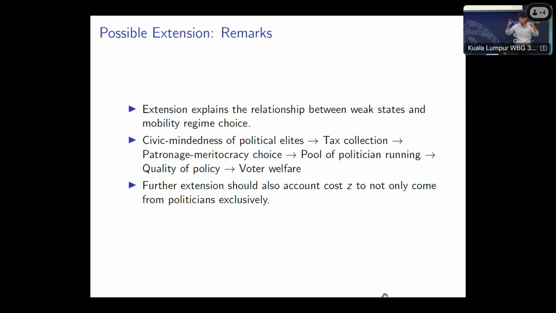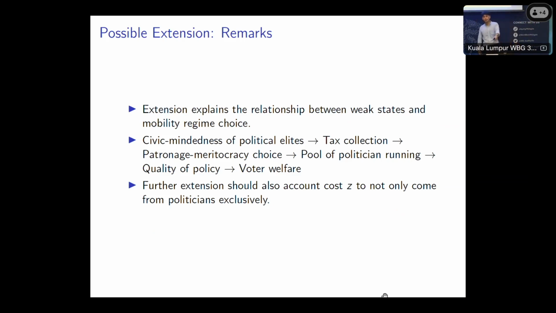Whereas if there's a lot of people who are very good politicians, you know they can collect tax really well, then you're like, yeah, it's fine. You can just put a high Z. We don't really care about the loss of opportunity for these dissonant politicians. They can just take their rent, and I can collect because I believe that most politicians are not going to take the tax money.